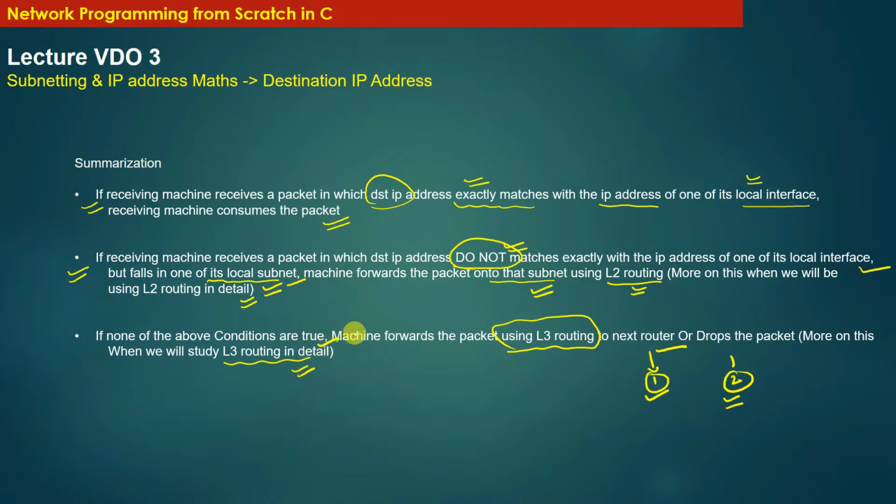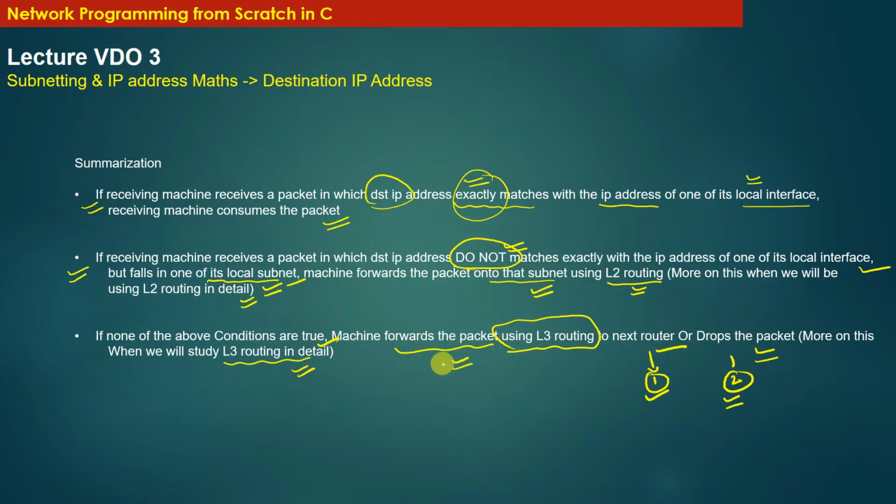But for now, just understand that if a router receives a packet such that the destination IP address of the packet does not match exactly with the IP address of any of its local interfaces, and the packet does not fall in any local subnet of the router, in this case the router can choose to forward the packet or it can choose to drop the packet.